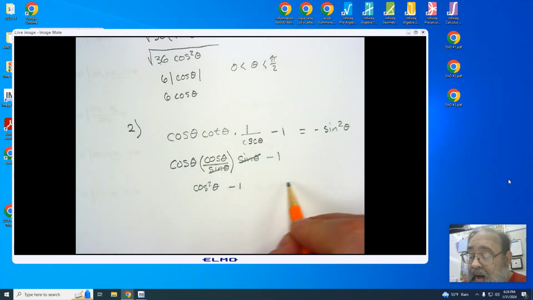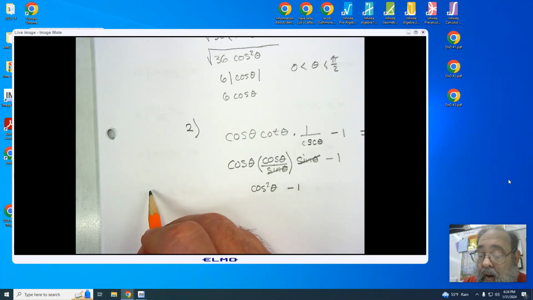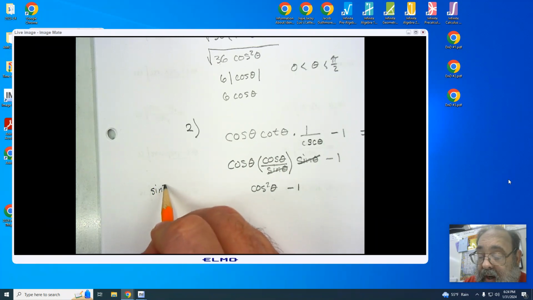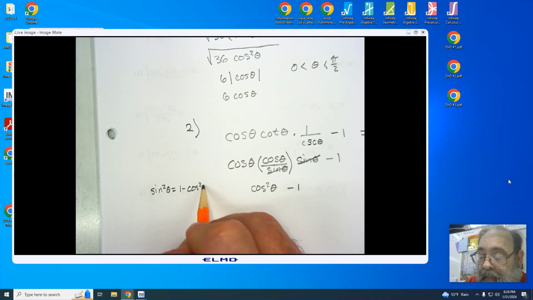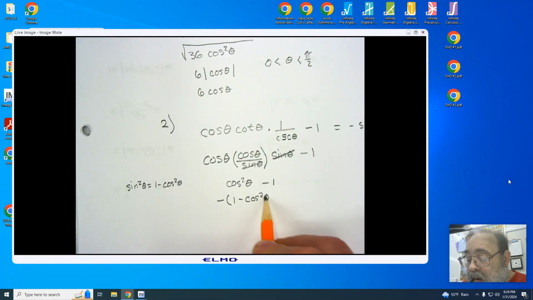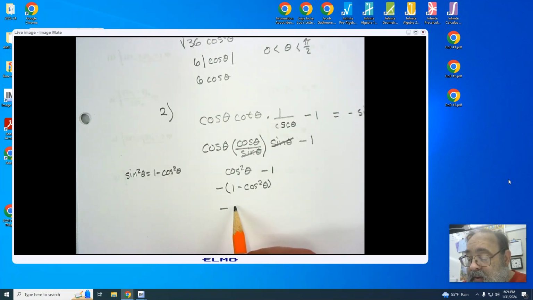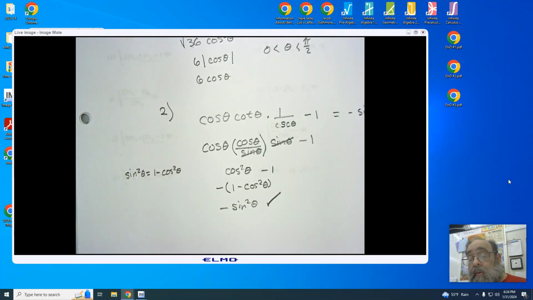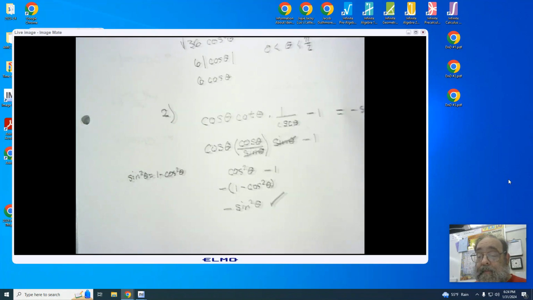Well, we can also make the statement that our sine squared of theta is equal to 1 minus cosine squared theta. So if I factor out a negative, I have 1 minus cosine squared theta, which I can now replace with our sine squared theta, and I have shown that they are both equal. That is number 2, verifying the identity.